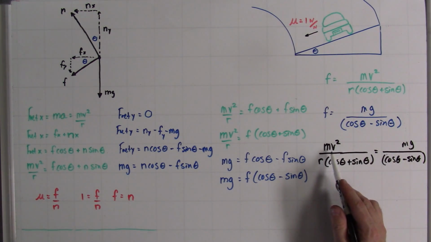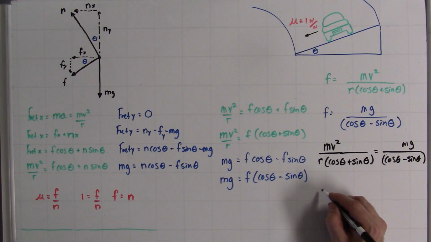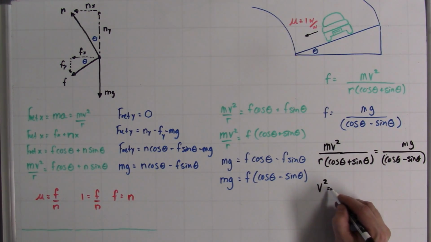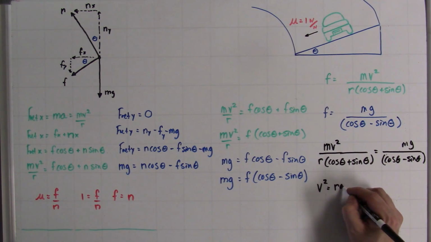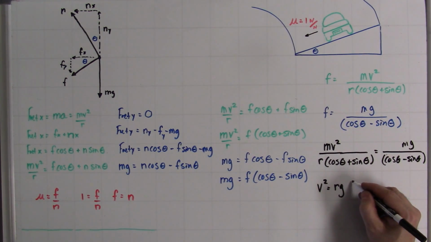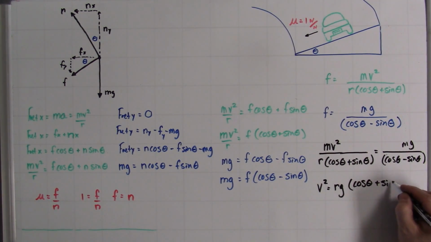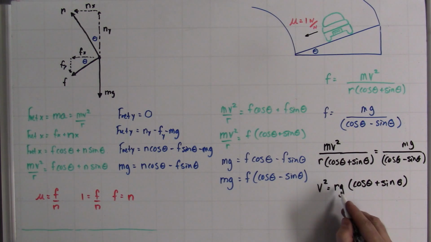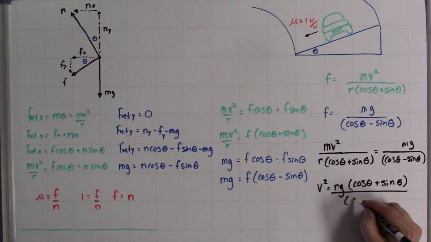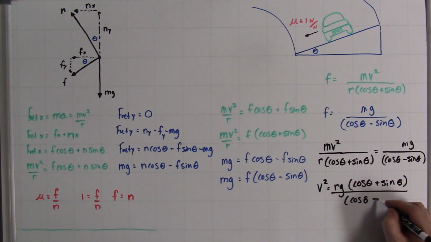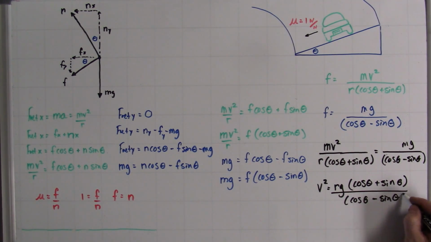Now, I want to solve for speed. The m's magically disappear, and I end up with a weird term here. V squared is equal to rg times cosine theta plus sine theta all over cosine theta minus sine theta.